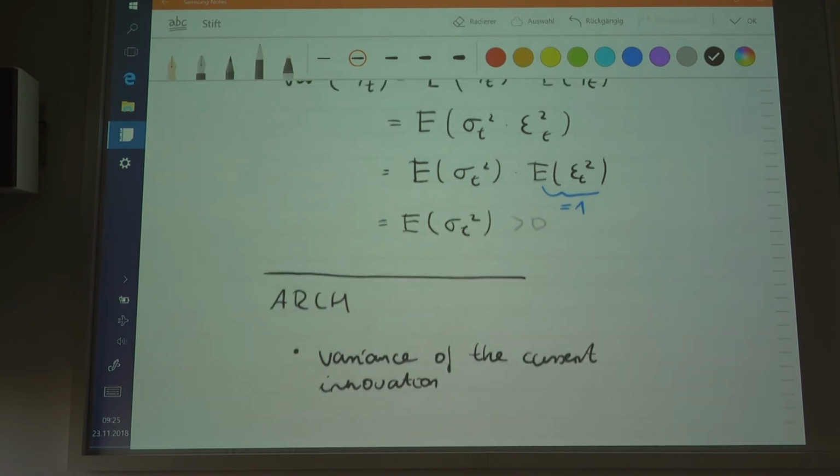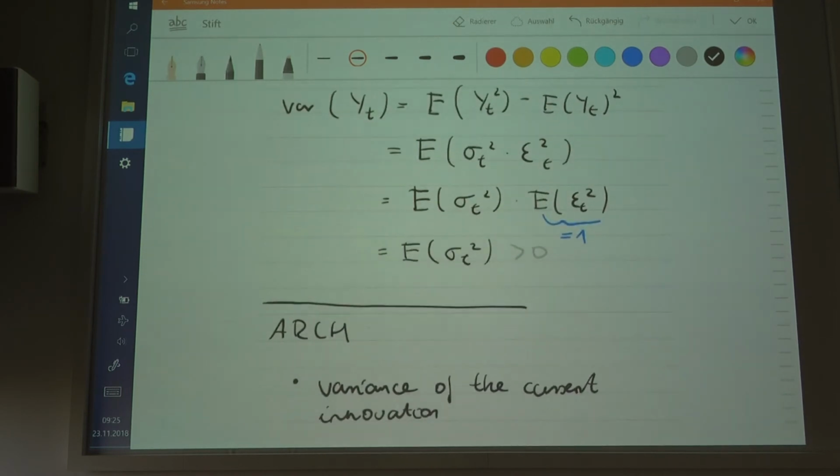And I'm talking about the current value of the process. So this is the current observation.